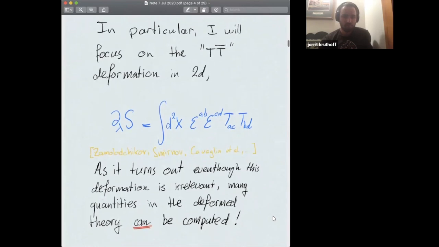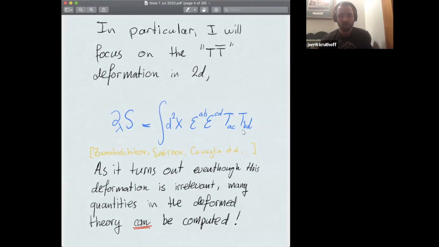TTbar is just a name for a particular irrelevant operator, and I want to focus on two-dimensional field theories. The action S, say the Euclidean action, is deformed in the following way. We can think about this perturbatively in lambda. Here I wrote it as a flow equation, but imagine you add to the action the term on the right-hand side.